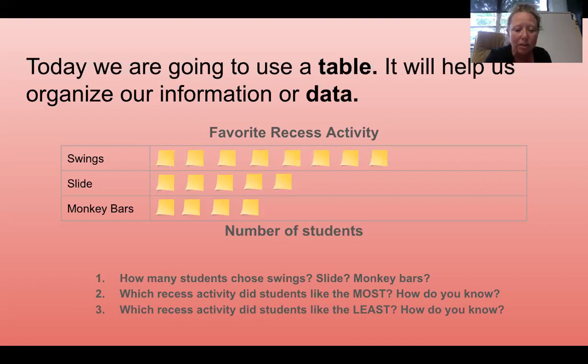How many students chose swings as their favorite recess activity?